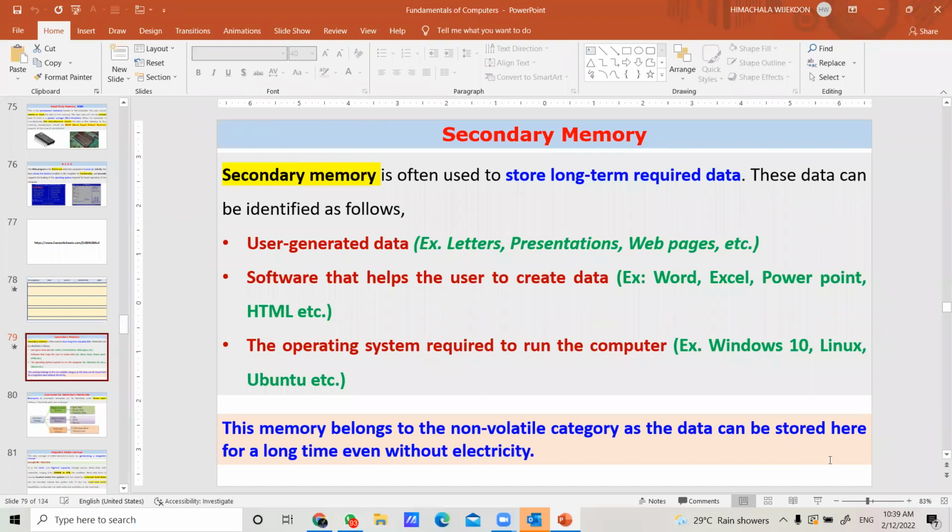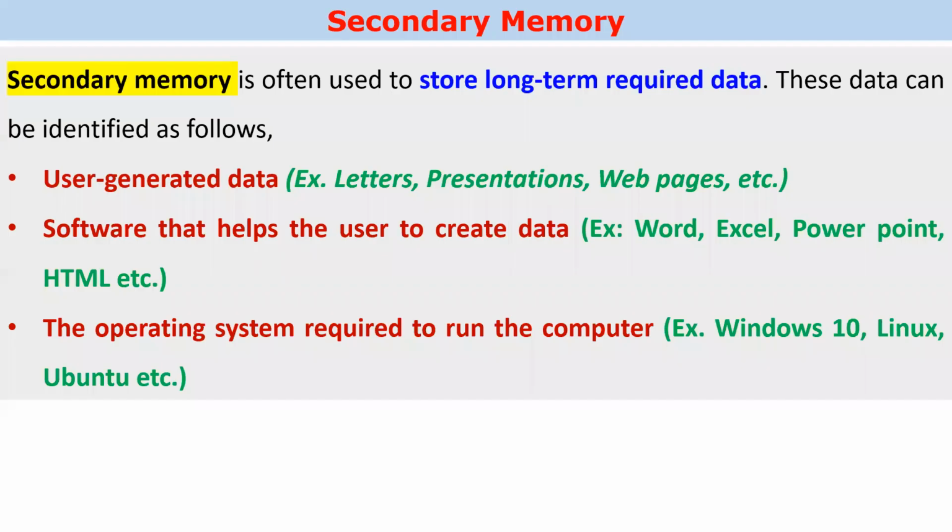secondary memories. Here, we got the initial idea about what secondary memory is. Now we want to know some examples for secondary memories. What are the examples available for secondary memories?